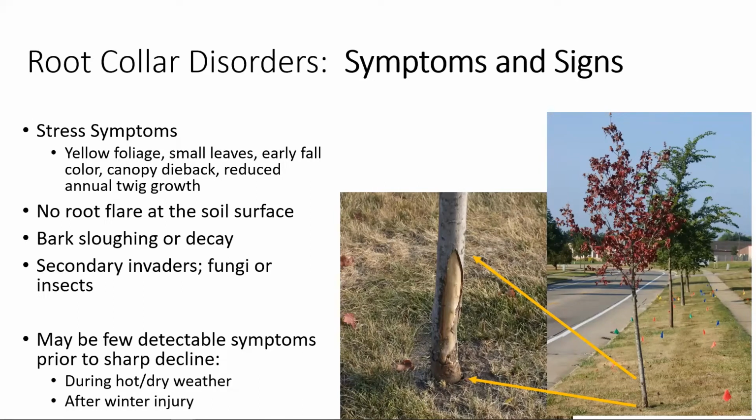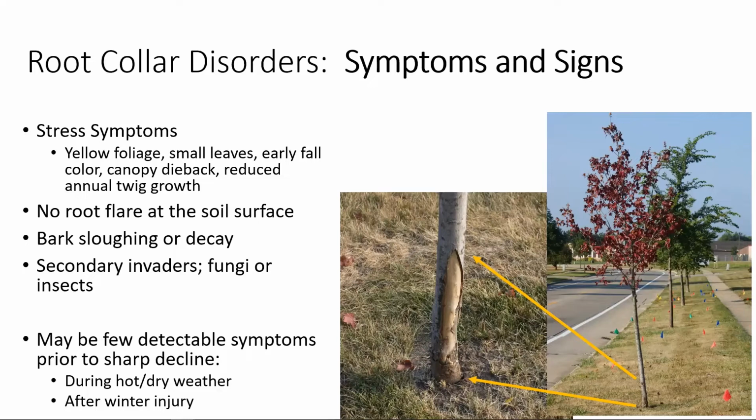But in some cases, there may be few detectable symptoms before the tree really starts to show health declines. And when I say detectable symptoms, I mean to your average homeowner, the person not typically looking at these plants, because for an arborist or someone who does look at trees a lot, there are often signs ahead of time, such as smaller leaves, not much annual twig growth, a little bit of dieback in the upper canopy, up at the tips of the canopy, not lower down on shade limbs.